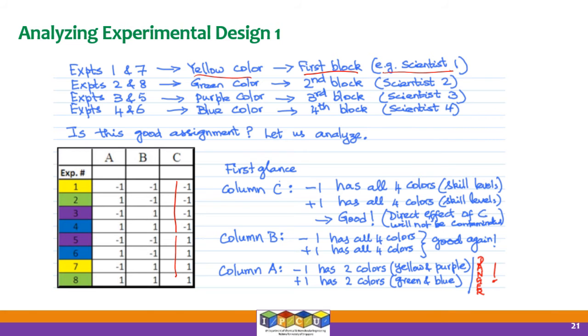If you take factor B, or X2 as you might call it, if you take a look at the -1s, you can see all the 4 colors being represented for -1. So this one is yellow, this one is green, this one is purple, this one is blue.